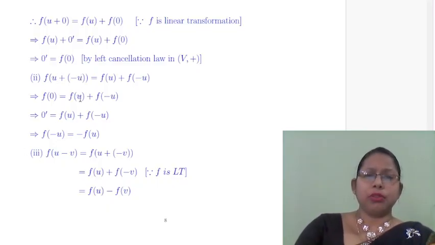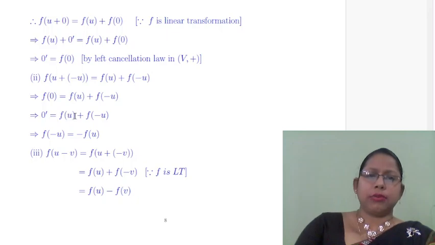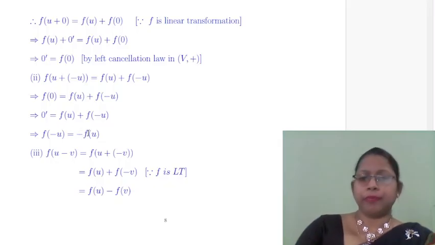That is, f of 0 is equal to f of u plus f of minus u. By the first property, f of 0 is 0 dash. This is equal to f of u plus f of minus u. Therefore, f of minus u is equal to minus of f of u.